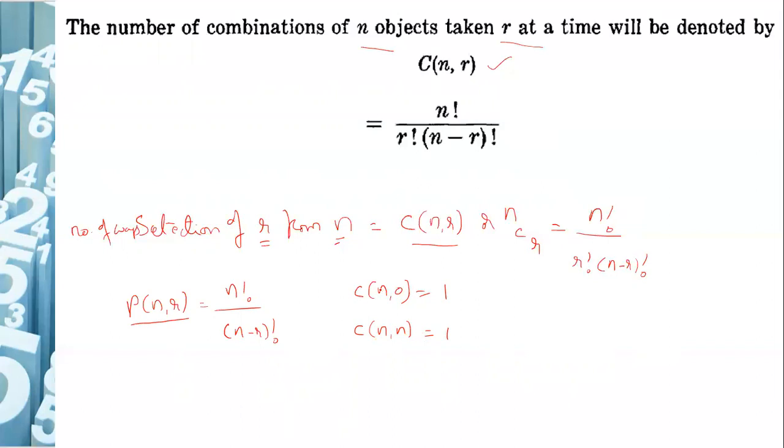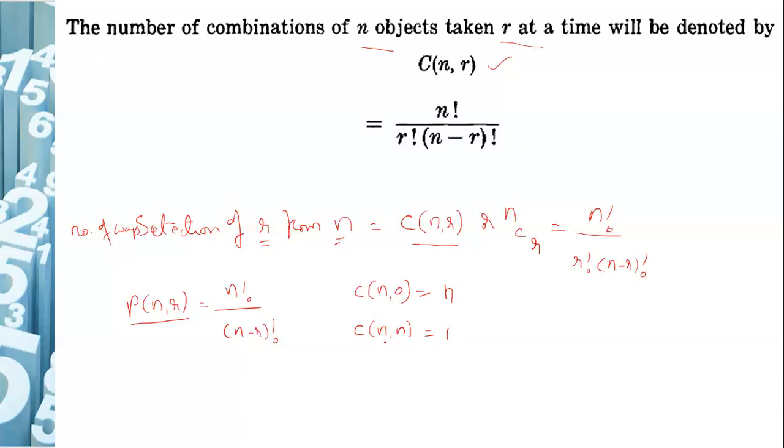How many ways can you select 0 students from 4? One way. C of n comma n is 1.